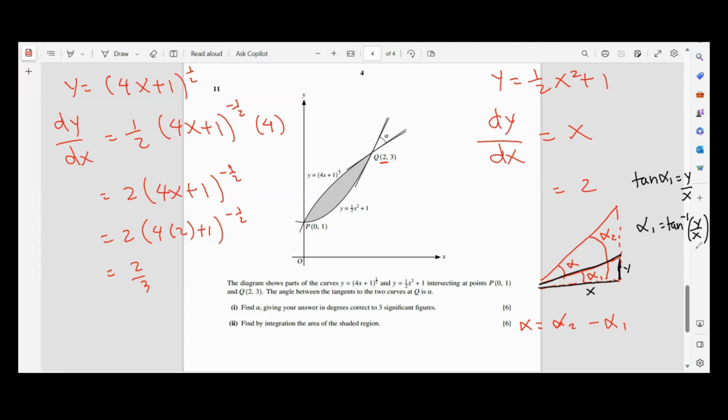Y over x is what? It is the gradient. So alpha 1 is actually tan inverse of the gradient. So we can change alpha 2 and alpha 1: alpha equals tan inverse of the gradient of alpha 2, minus tan inverse of the gradient of alpha 1.